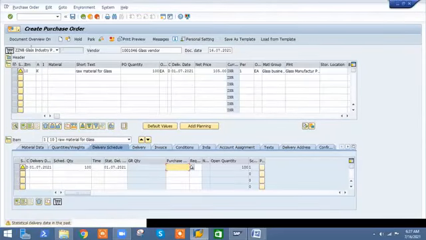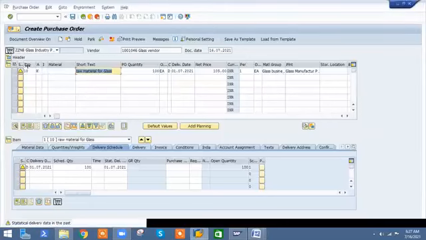So whenever you are creating this kind of purchase order without material, you are going to do this procurement for consumption purpose, not for stock purpose. Stock purpose means when there is a material, then only you can keep it as stock. There is no material, it's a sort of description, so this will be for a consumption purpose.